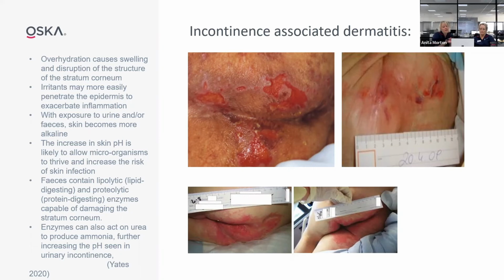And so as and when the urine sits against the skin for too long, it starts to break down that natural protection of the skin. So the acid mantle of the skin, it starts to break that down.